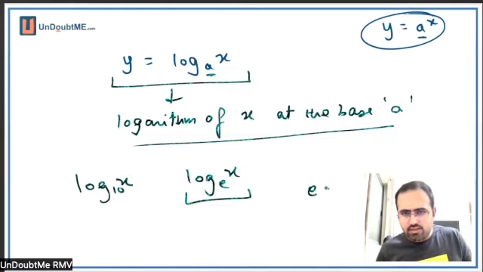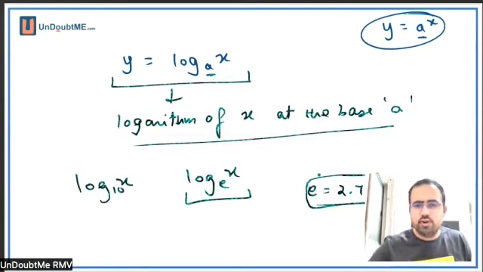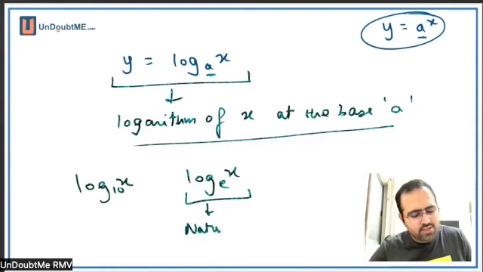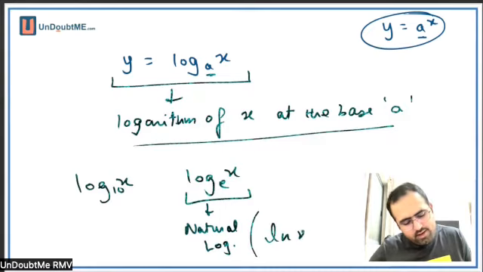Now what is e? e is a constant whose value is 2.71. The value is not required, but you should just understand that e is just a constant. So when log is defined to the base e, this is called natural logarithm, which is also written as ln.